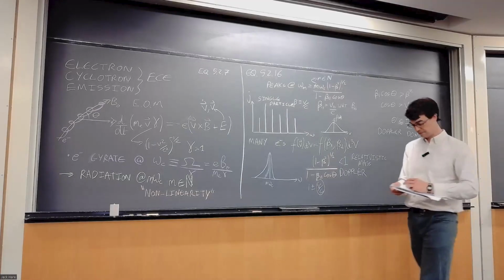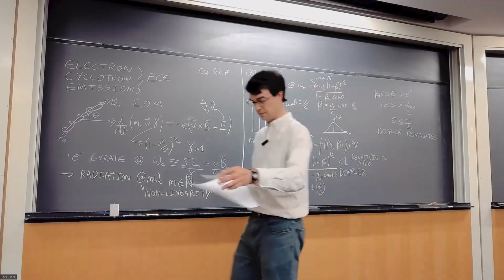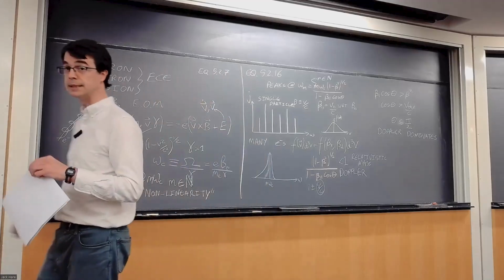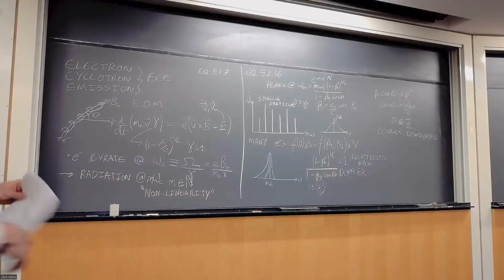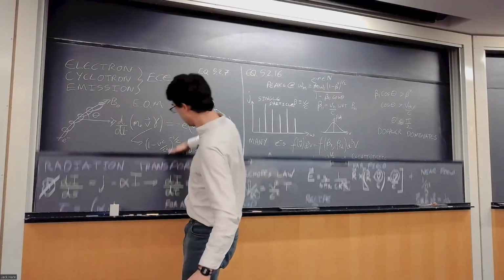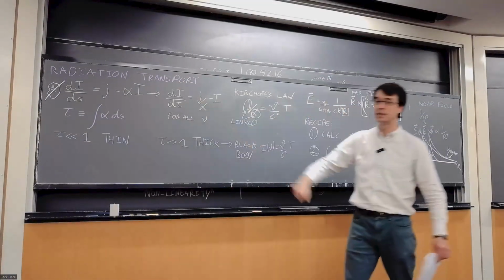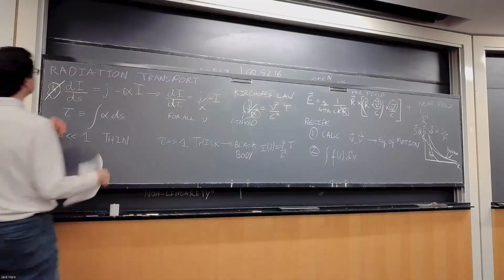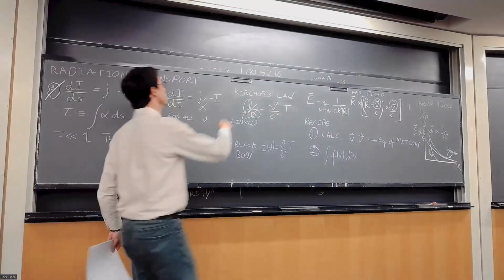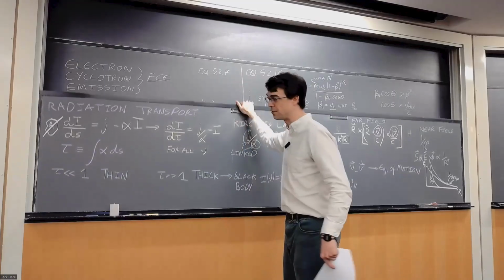Questions on this? Yes. What is the J in the single particle graph? That is the emissivity, the thing we're trying to calculate. Hutchinson writes it in a sort of differential form, which is nice for keeping track of units.